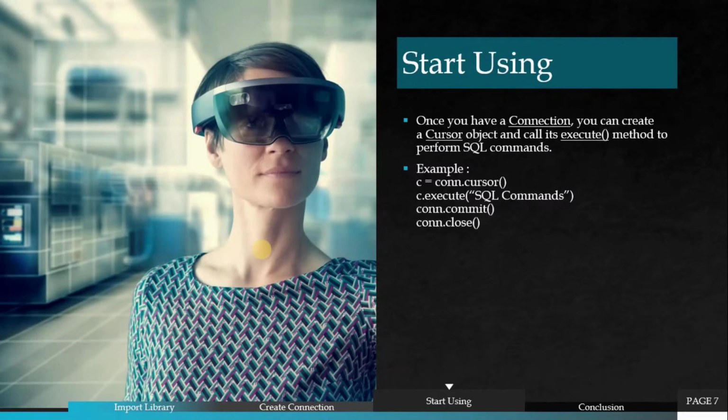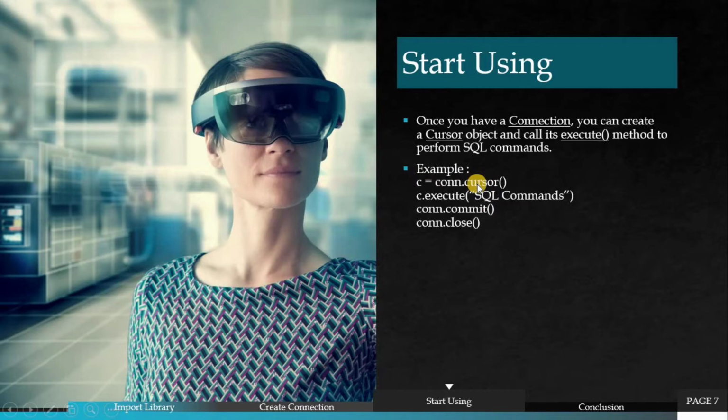Now, we'll see how to use it. Once we have created a connection, we will need a cursor object to call the different SQL commands. And to run these commands, we will use this execute function. Here, as you can see, there is an example where we have created a variable c, which holds our connection object, and we have called a cursor method.